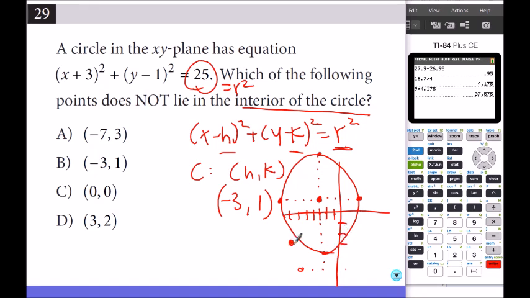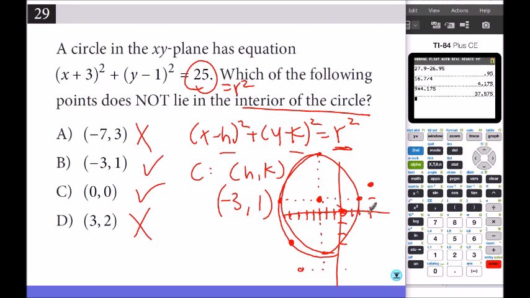Here, probably not, right? But you can double check. This is roughly 1, 2, 3. This one, that's the center, so that's inside. 0, 0 must be inside. 3, 2: 1, 2, 3. 1, 2. So it's not. So let me double check A again. Negative 7, 1, 2, 3, 4, 5, 6, 7. You can go around like that. I'm not sure, but this one is obvious that it is not on the circle.